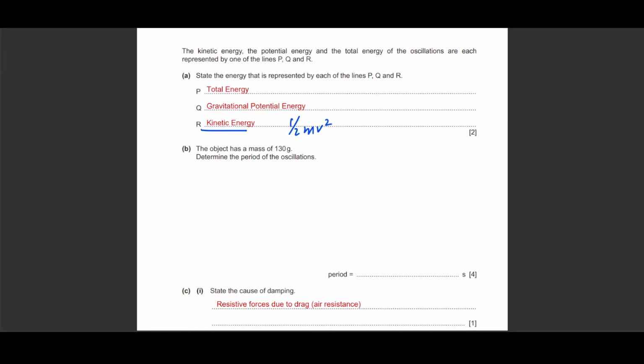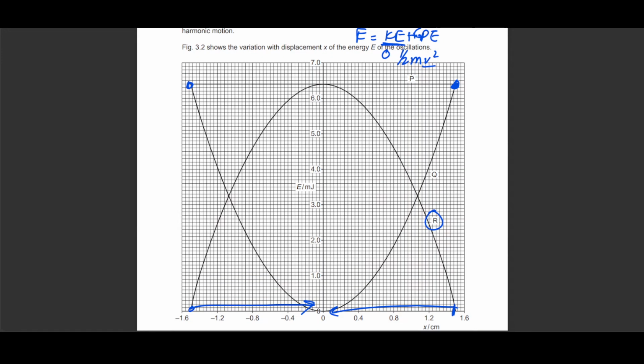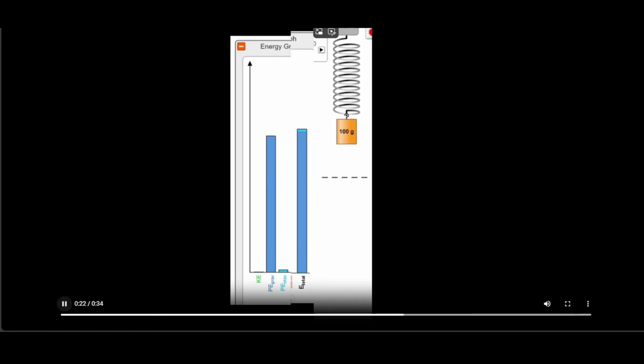Now, the gravitational potential energy becomes 0 at the center. Notice that the gravitational potential energy, the Q graph, is maximum at the extreme points. Why is that the case? You see, when it goes to the highest point, it has the highest gravitational potential energy, right?